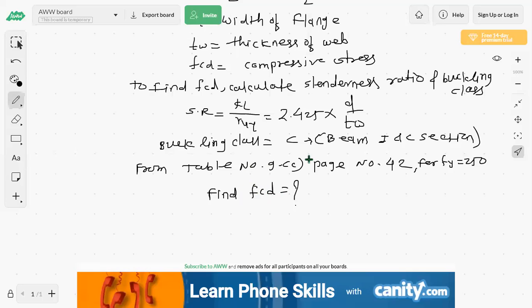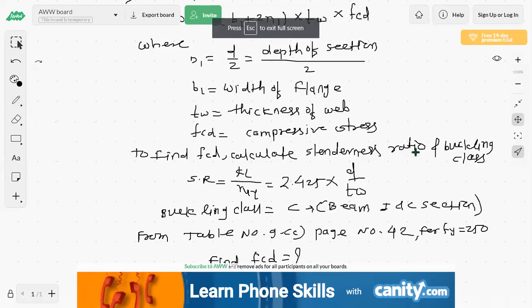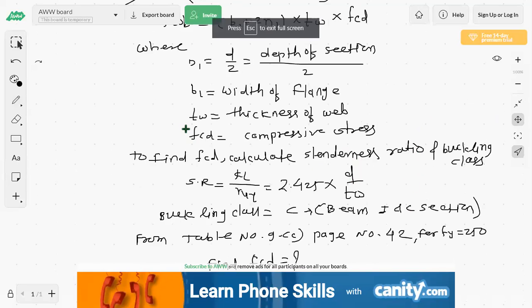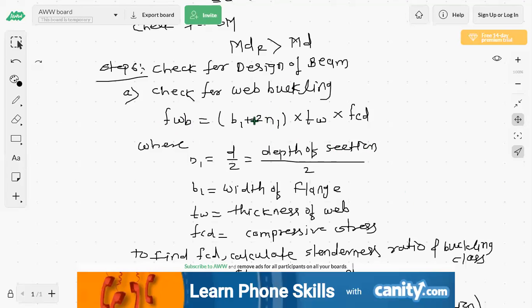Okay, so in this way we can calculate the buckling strength, FWB. The FWB is nothing but the buckling strength we have calculated here.